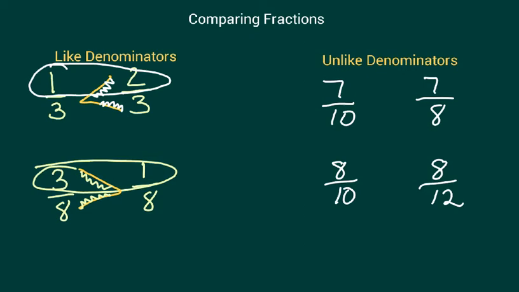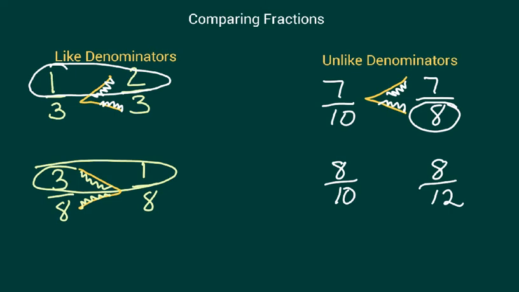Well, I know I'm going to get more candy if I only split it with 8 people. So we're going to write our inequality. 7/10 is less than 7/8. And of course, if you'd like to draw your alligator teeth, that's always useful.